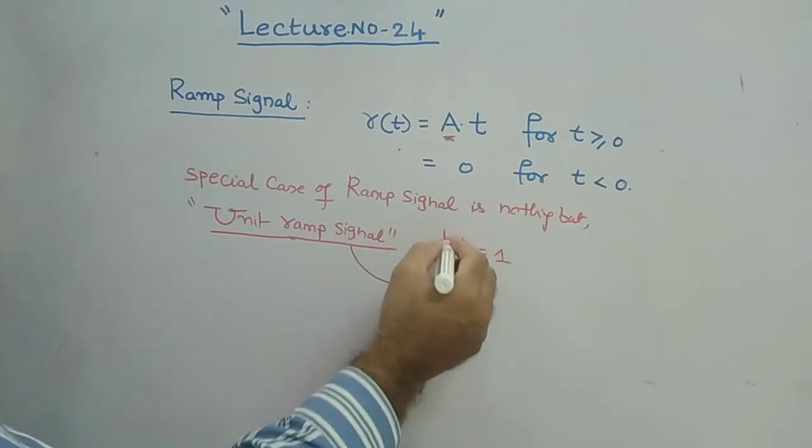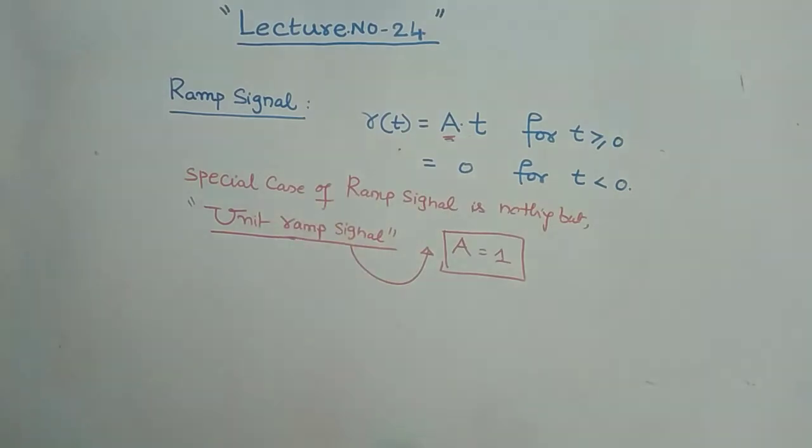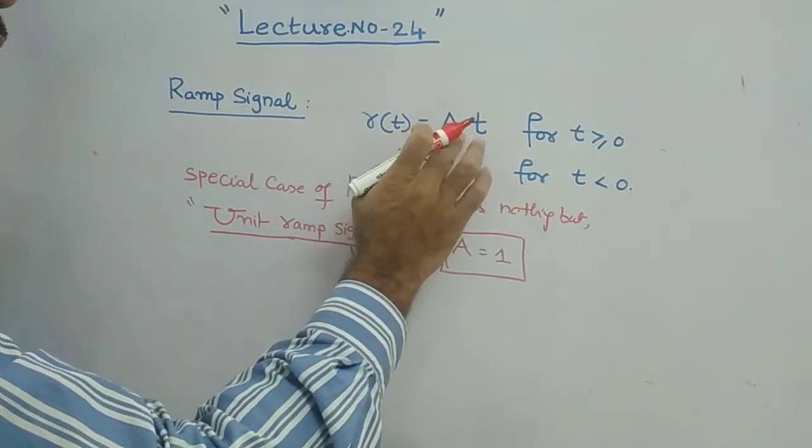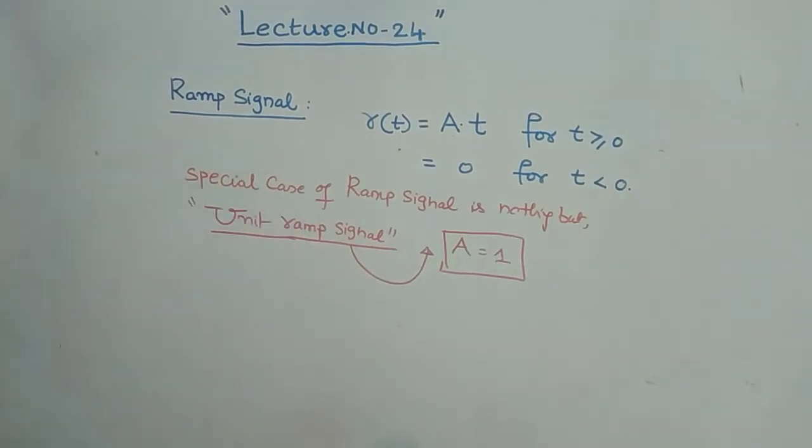This is the general definition of a ramp signal. If the magnitude A equals 1, then it is called a unit ramp signal.